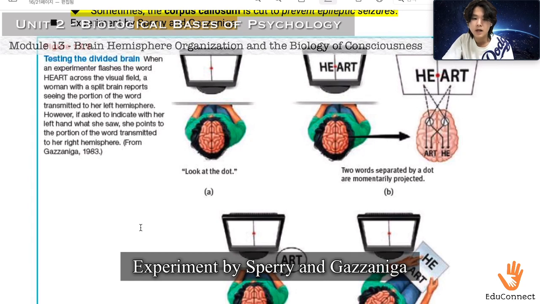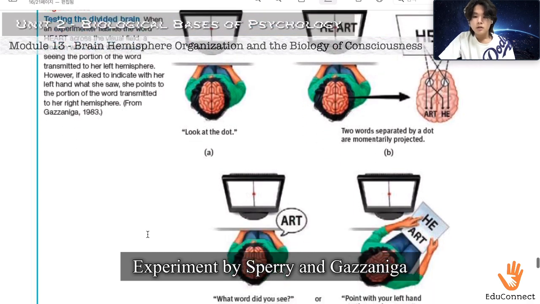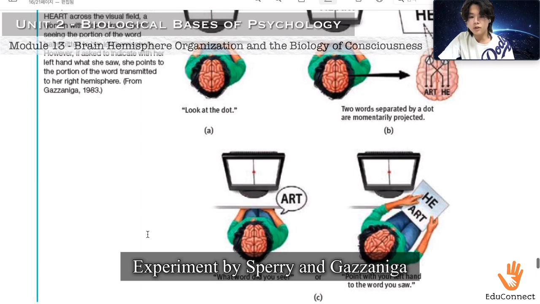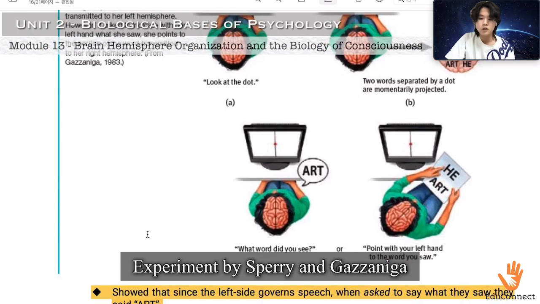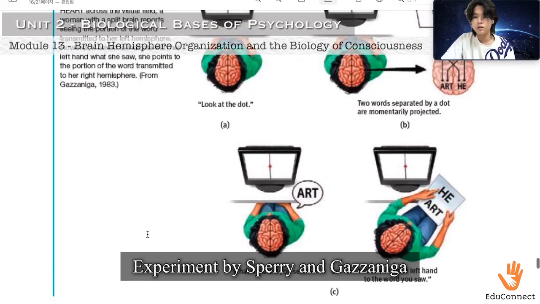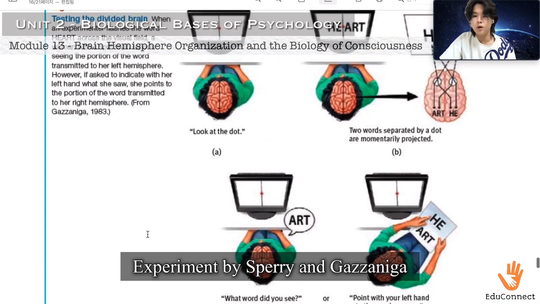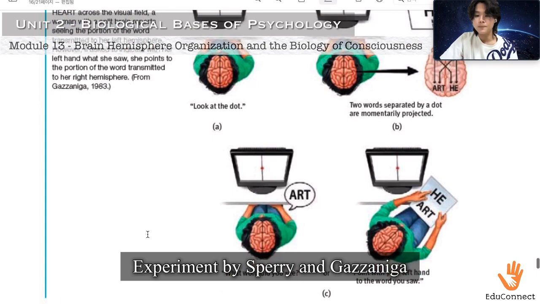So Gazzaniga said, look at the dot, and the woman said, yeah. The two words, separated by the dot, are momentarily projected. Gazzaniga asks this split-brain woman, what word did you see? And the woman says art. As you can see from the image, art was from her left hemisphere, right?